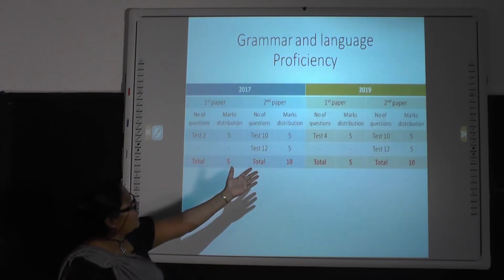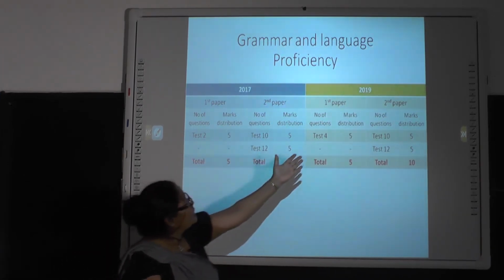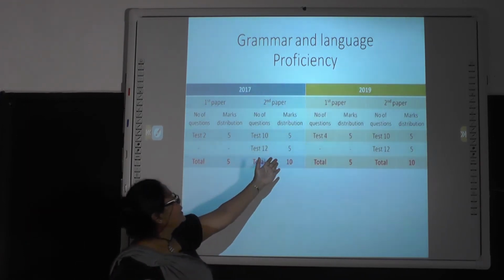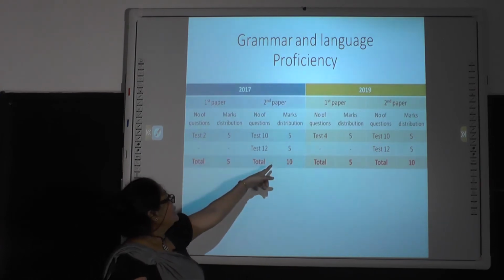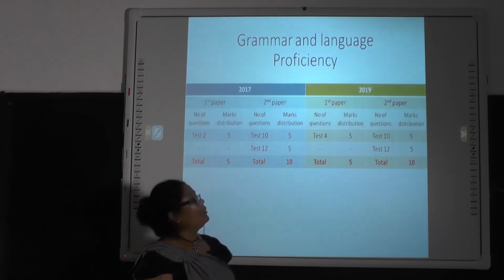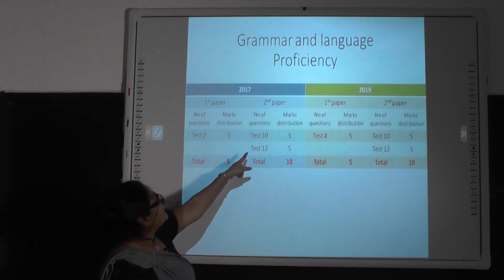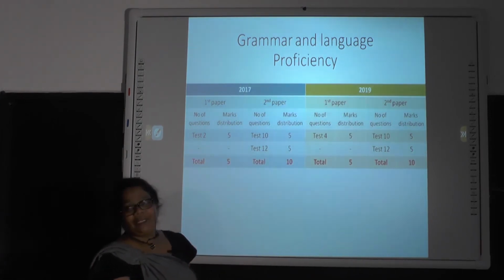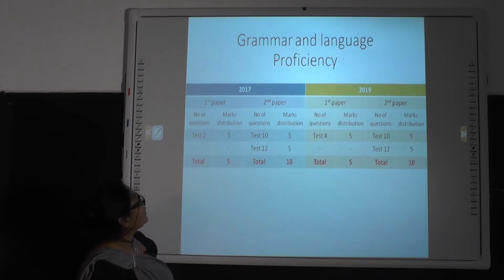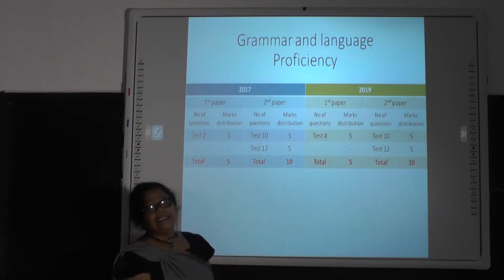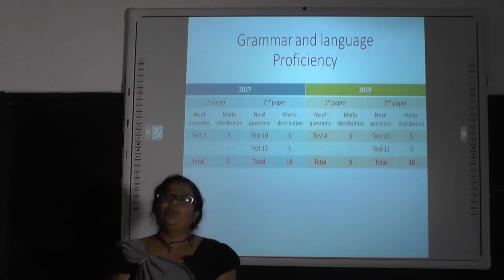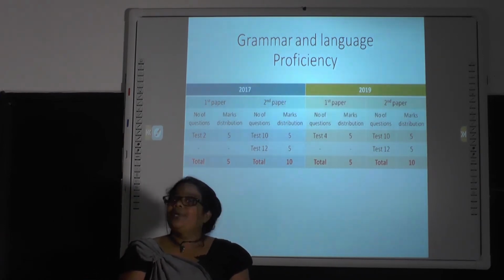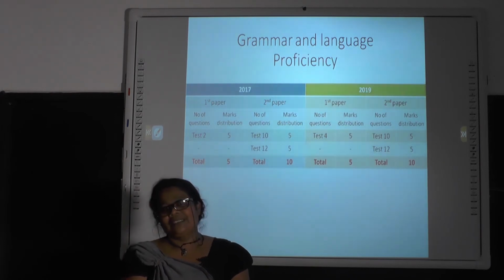We just compare with that. Now one question, here the first paper 19, one question. Now here in the second paper 2017 2, and once again 2. Remember, the same test number appeared in both papers, same test number. Now when talking about this test 10, normally you have to study, or you have to have a knowledge on reported speech and passive voice, right?